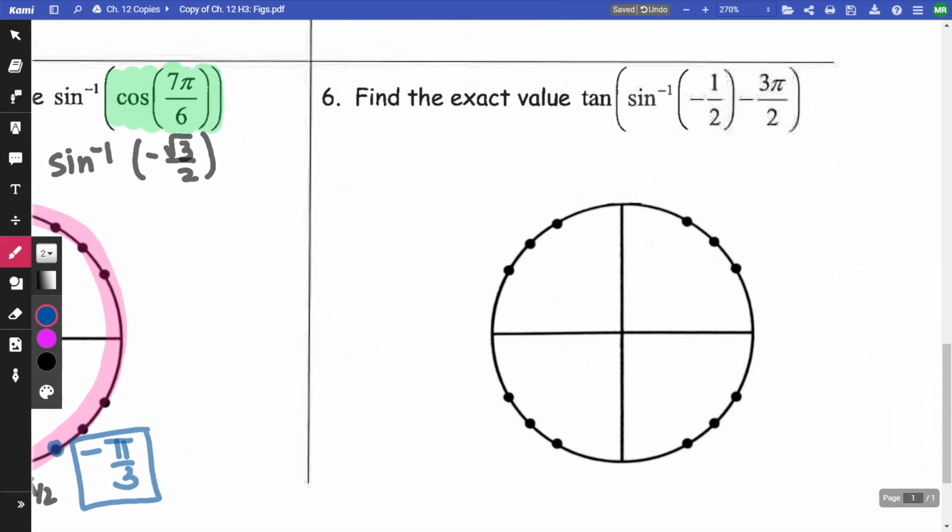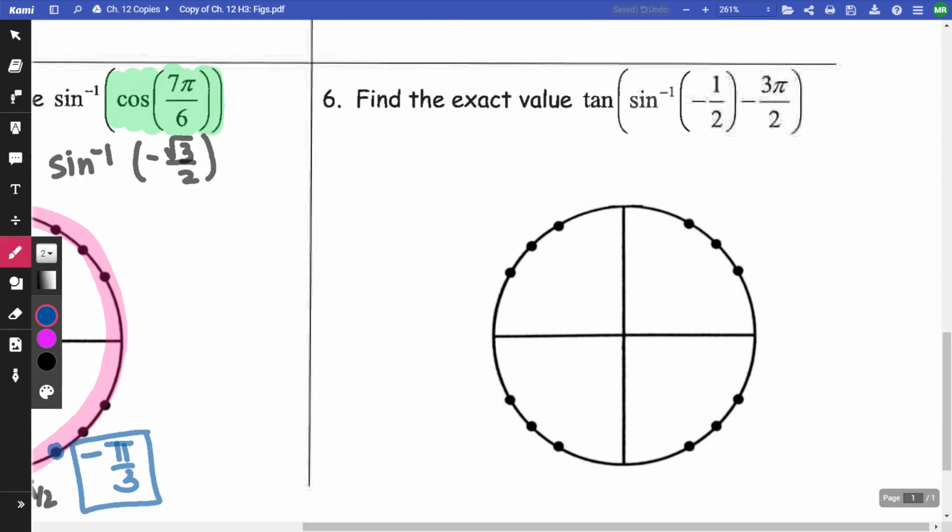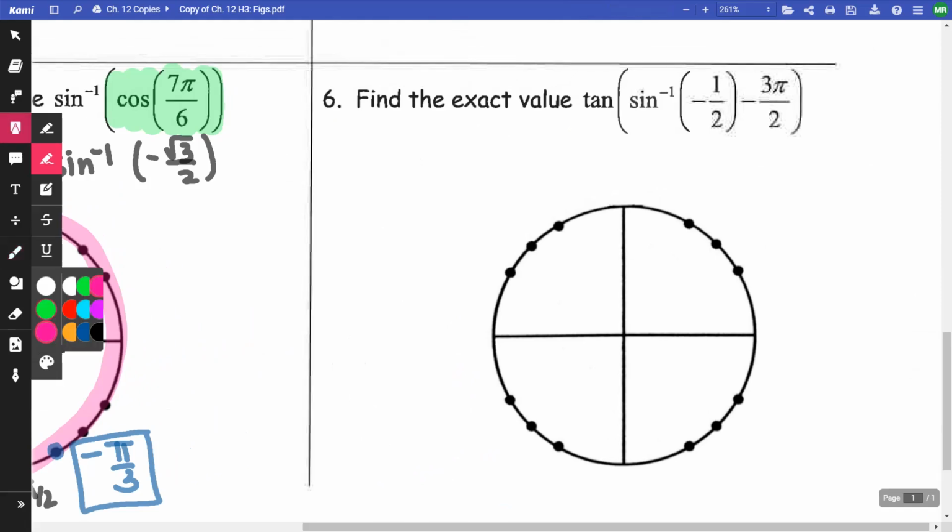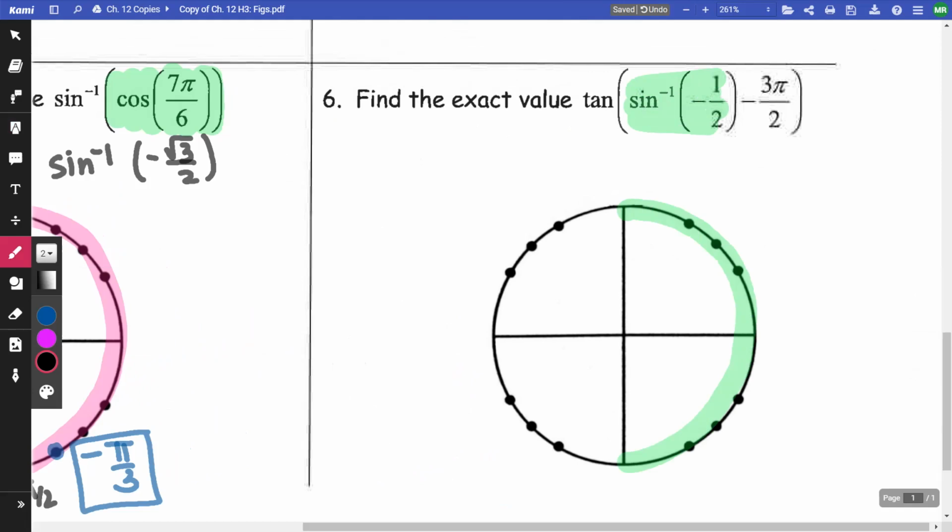On 6, I've got a couple things I need to do. First thing I need to do is work this out. When I'm dealing with sine inverse, it is going from negative pi halves to positive pi halves.